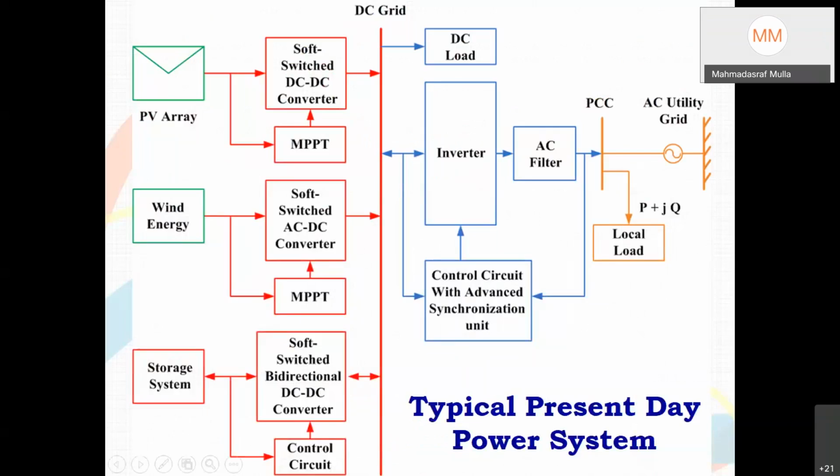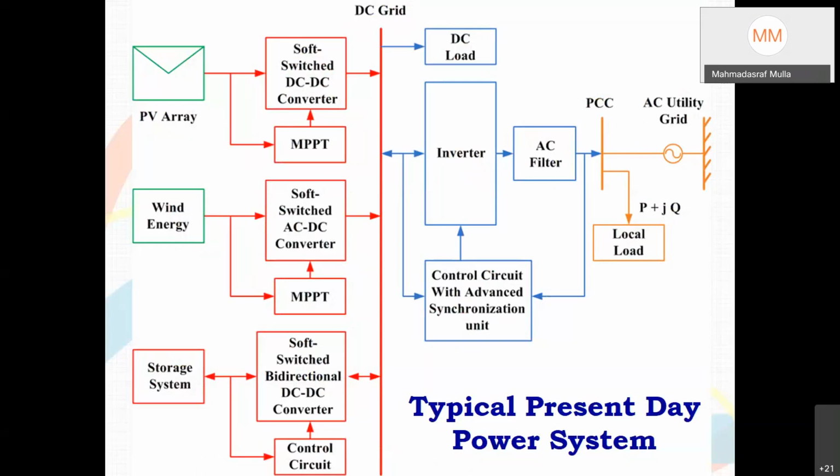So a typical power system today may be represented like this. You may have solar, wind, storage providing electrical energy. On the right-hand side we have the conventional grid. Conventional generation is also a major part. Solar and wind penetration is increasing, but conventional is also a major part.